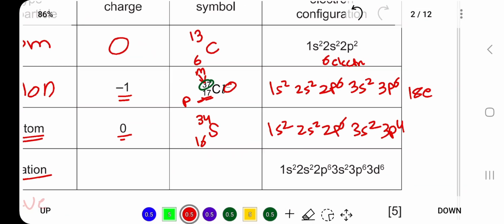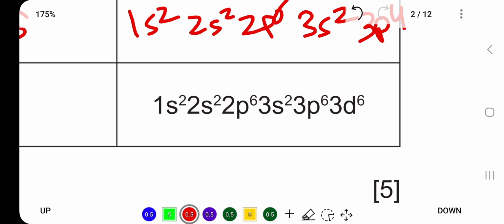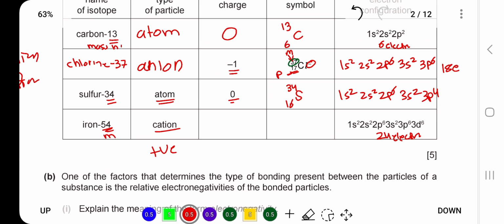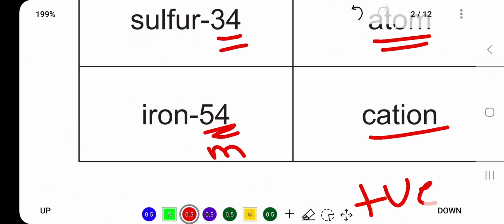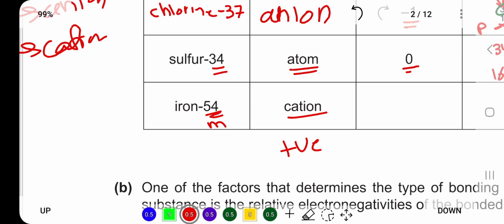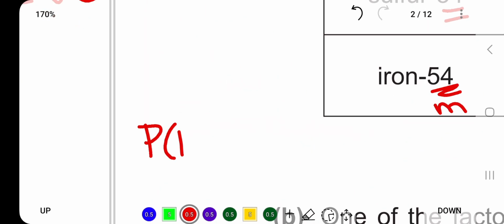Now if you counted the electron configuration individually, like 2 plus 2 plus 6 plus 2 plus 6 plus 6, you'll notice that you have 24 electrons. Now if you check the periodic table of iron, since the proton number never changes, you'll notice that the proton number of iron here is 26.